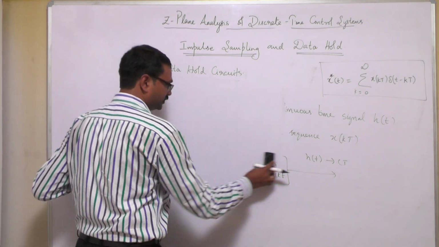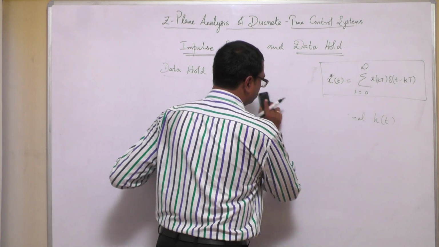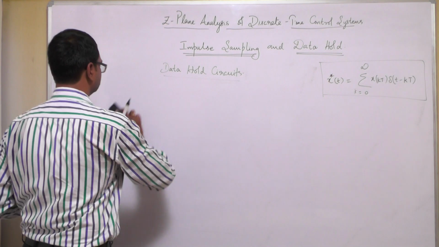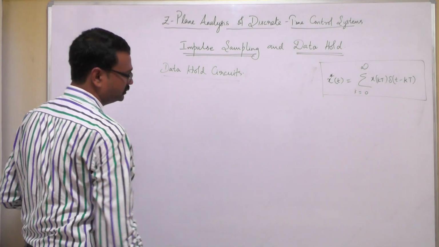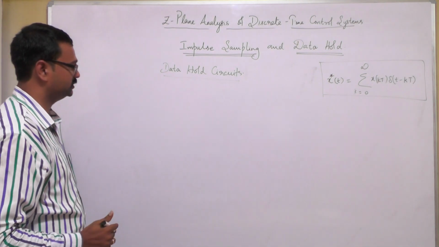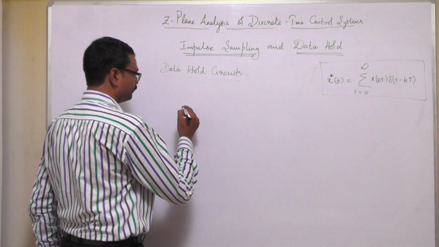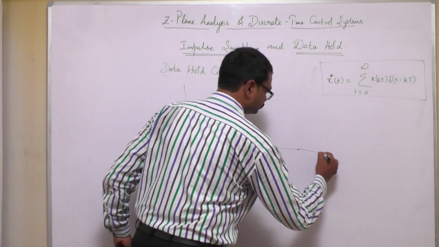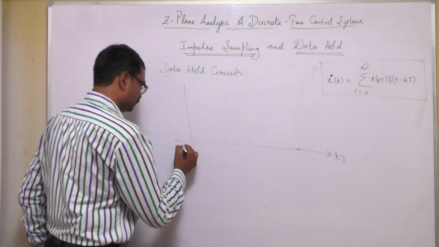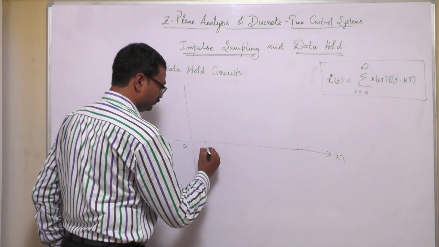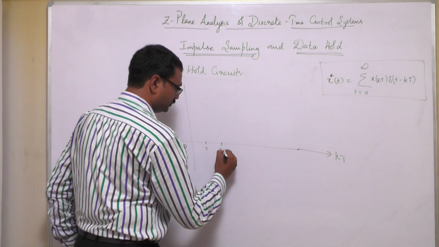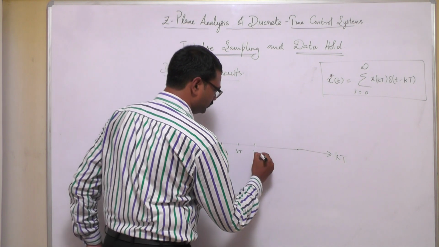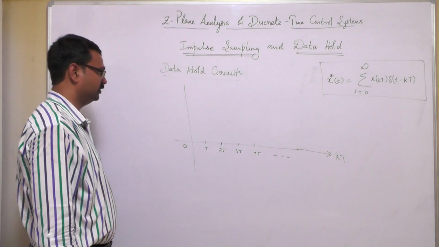So for this we will try to understand how do you reconstruct back a continuous time signal from a discrete data sequence. For example, let me say I have kT, where k is from 0, 1, 2, 3 and so on, T, 2T, 3T, 4T, up to infinity.